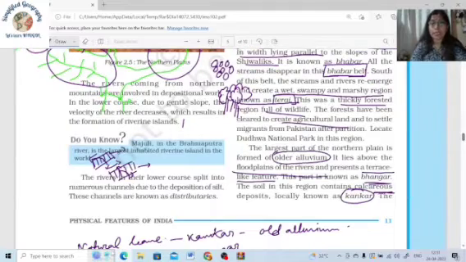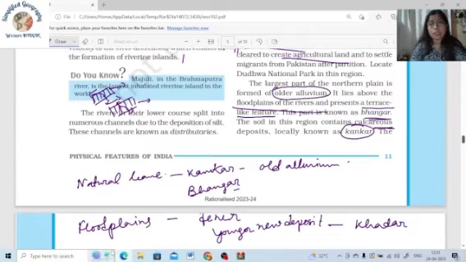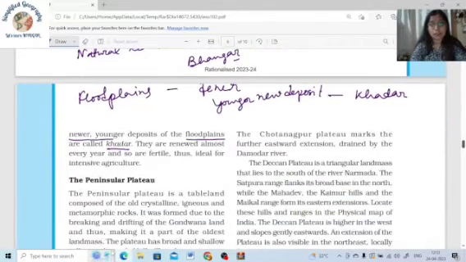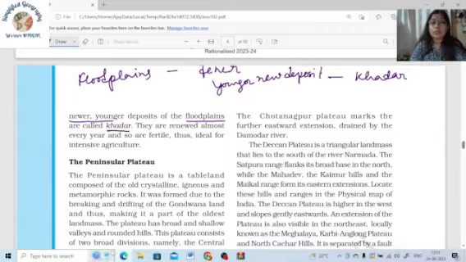4 important things. First we have talked about Bhabar, Terai, Bhangar and Khadar. So this is what we know about the northern plains.